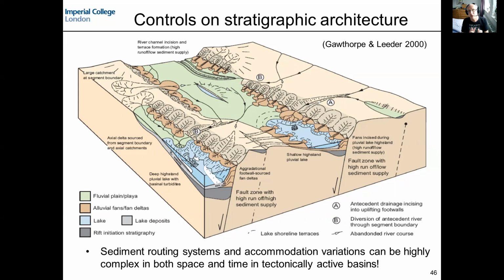It would not be appropriate to apply the simple models that we talked about earlier. We'd have to think things through from first principles, again, thinking about accommodation space and sediment supply, where those two are present and how they might interact with each other. So not so simple just to take a model off the shelf and apply it without thinking through very carefully how we might do that.